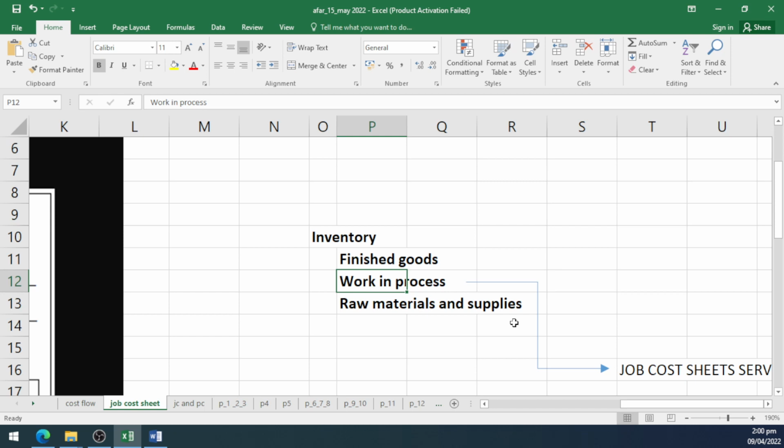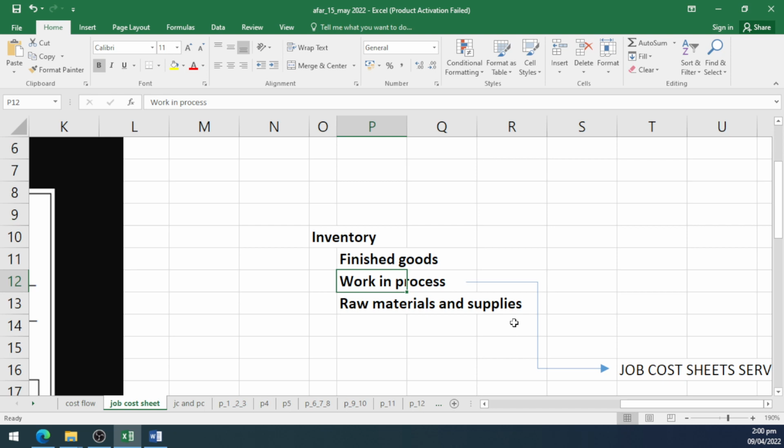So, in job order costing, ladies and gentlemen, we presuppose that each job can be identified and can be separated physically so that we can charge each job with its own cost. Ang ating cost unit dito ay yung job.